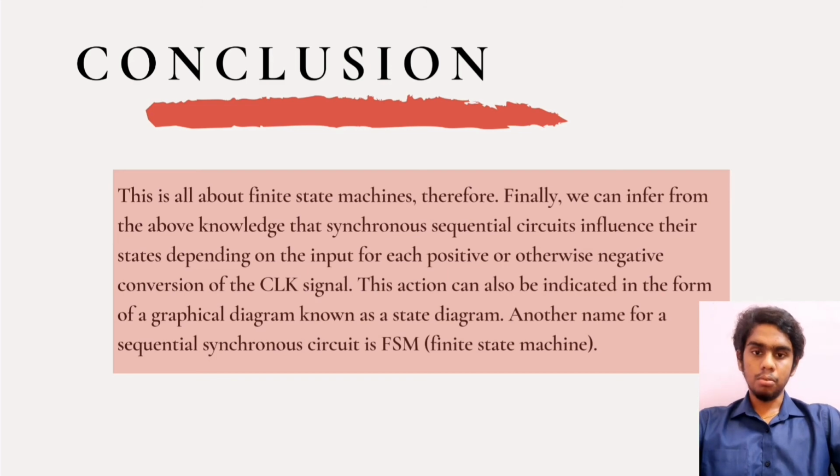This action can also be indicated in the form of a graphical diagram known as a state diagram. Another name for the synchronous sequential circuit is the finite state machine, or FSM for short. Thank you very much.